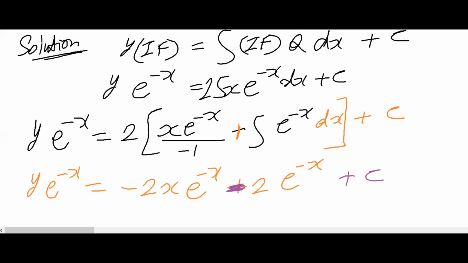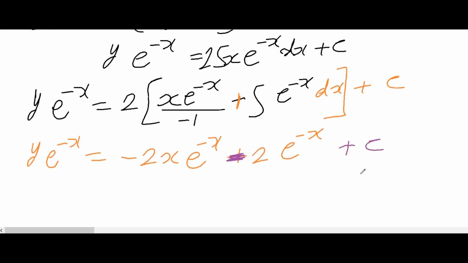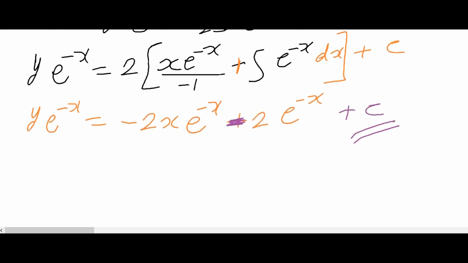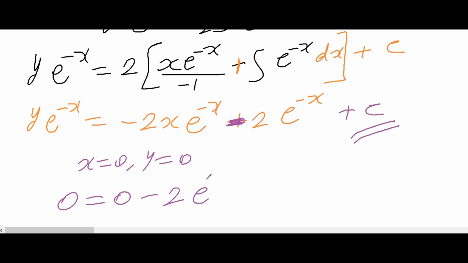Now this is a general equation, but what they have said is that this particular curve is passing through the origin. So when x is equal to 0, y will be 0. When I substitute y as 0, this will become 0, this will become 0, and this will become e to the power of minus 0 plus c. So when I solve this, I will get the value of c as 2.